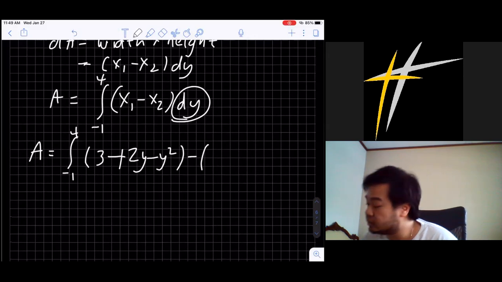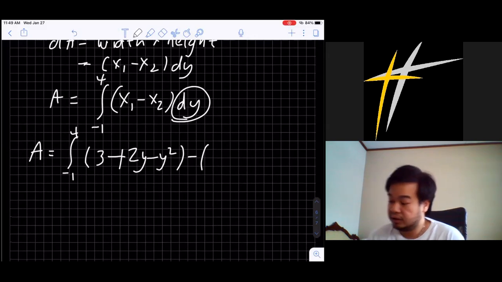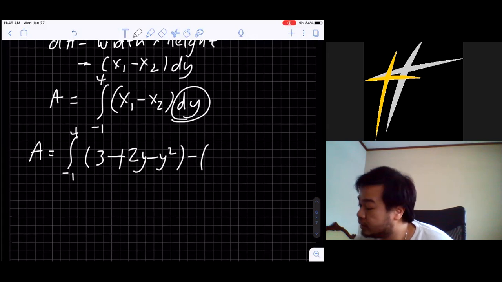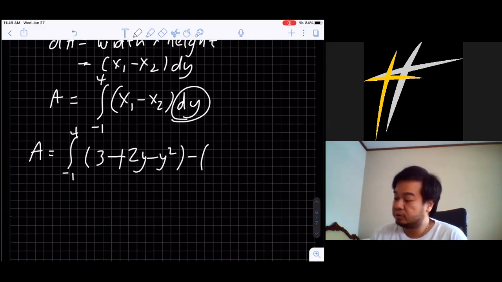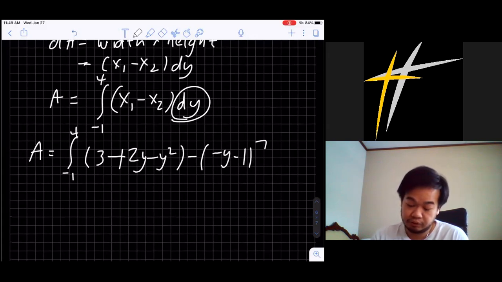And on the left is the equation for the line, the linear function. It's written x plus y equals negative 1, so if we want to express x, then x is equal to negative y minus 1. And don't forget all of them is dy.